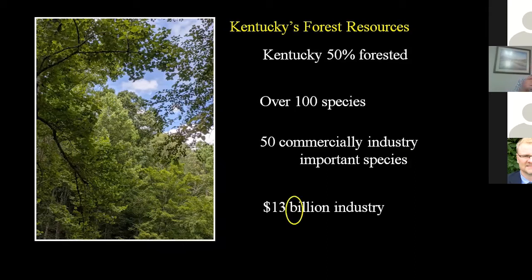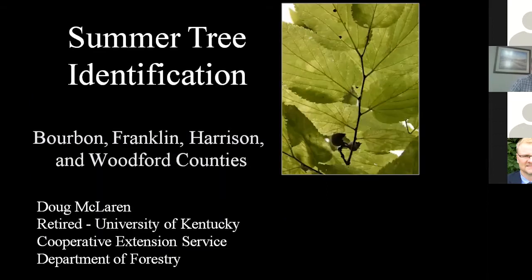And I circled the B in the industry value, and it is a $13 billion industry per year. We're talking about the resource itself and all of those that are attached. So it is a very valuable resource here in the state of Kentucky, but it's one that few people think about. So again, we're going to be talking about summer tree identification.